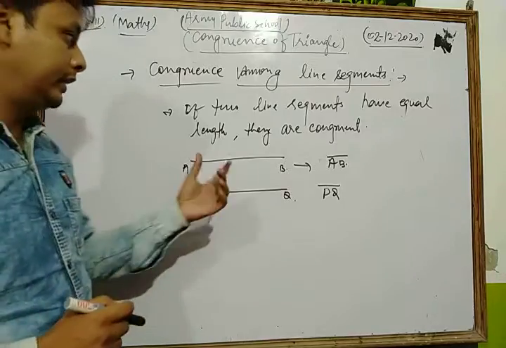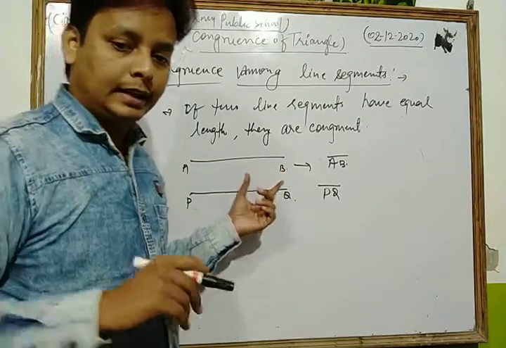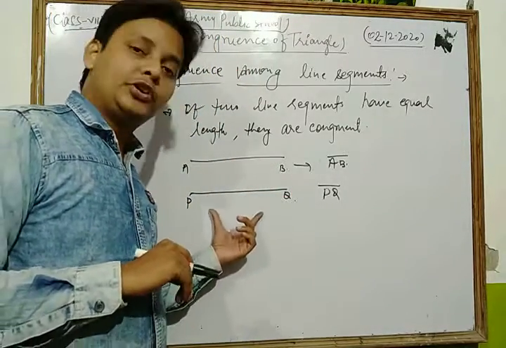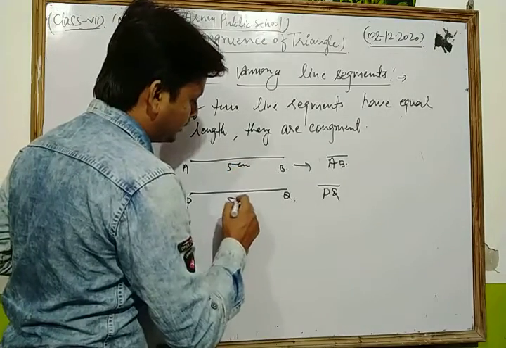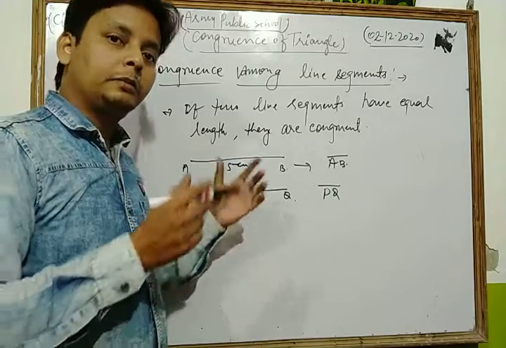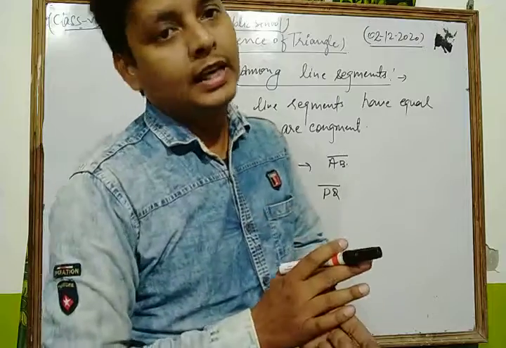Dear friends, the two line segments AB and PQ have the same length. Suppose this is 5 centimeters, this is also 5 centimeters. If both have the same length, AB and PQ are superposed on each other.